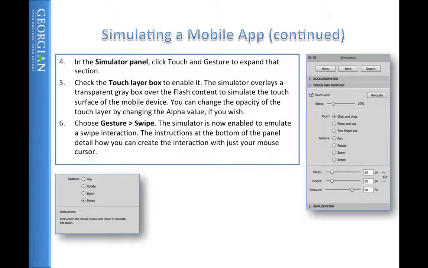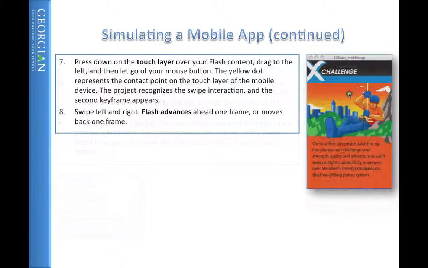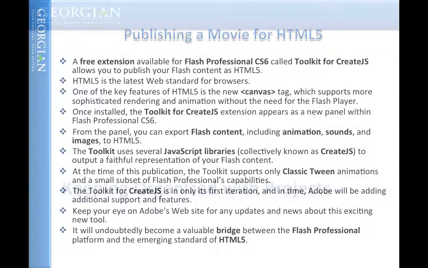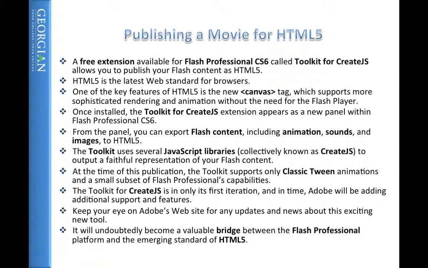They're kind of going to do the same thing. You can create different kinds of interactions: swipe, a touch, pinch, a zoom, all kinds of stuff that you can change and try out with your touch layer. So you can simulate what it's like on a mobile device.